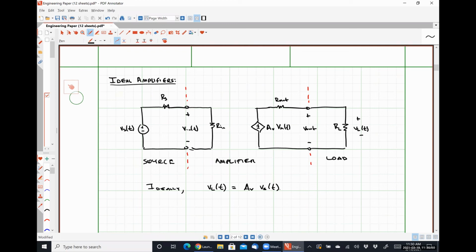So my question to you guys is, what value of Rn makes Vn of t exactly equal to Vs of t?